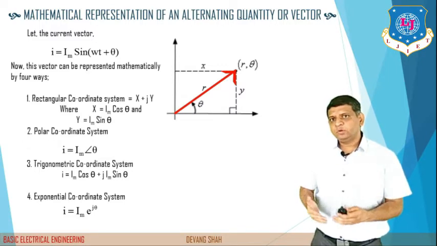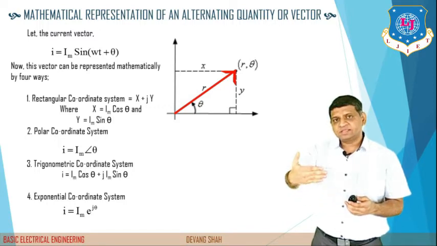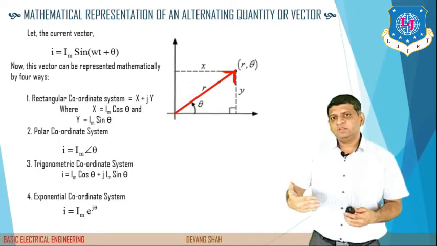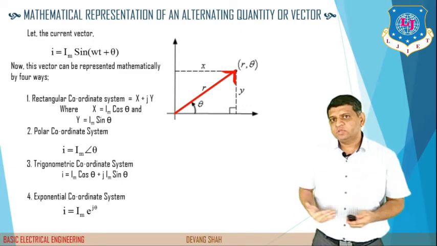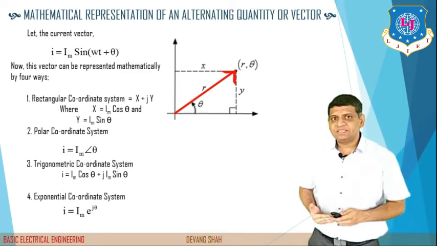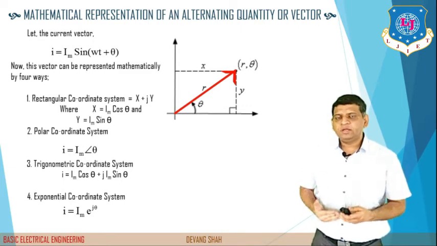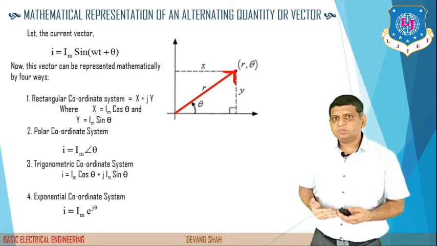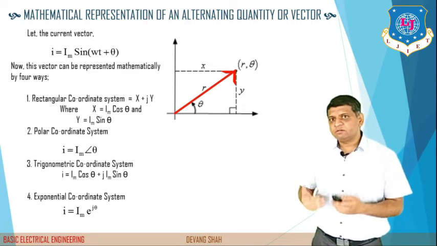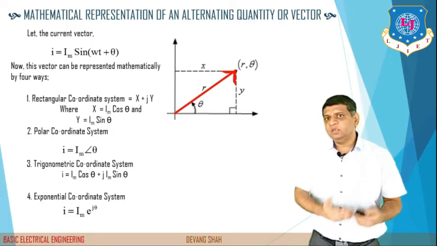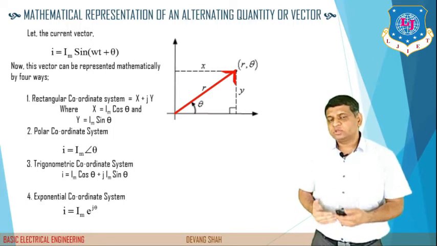Now if I want to plot this AC signal, this equation, in a graph, the rectangular coordinate I consider as x plus jy, where x is the real quantity and y is the imaginary quantity, associated with the j.